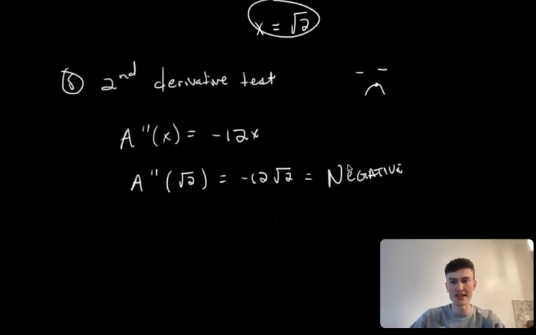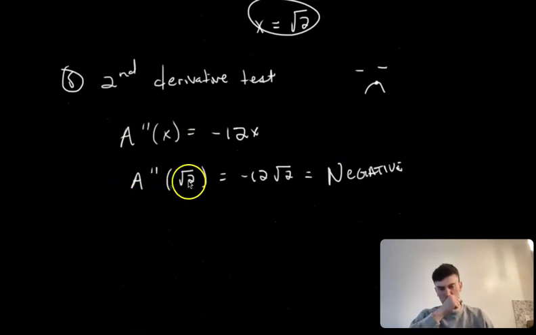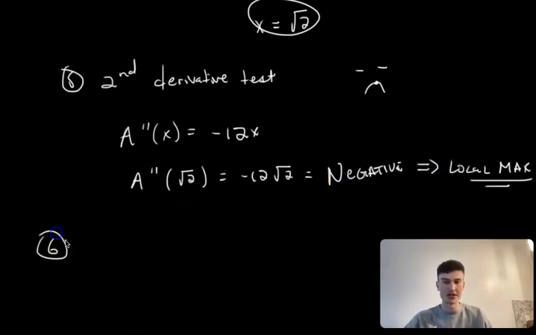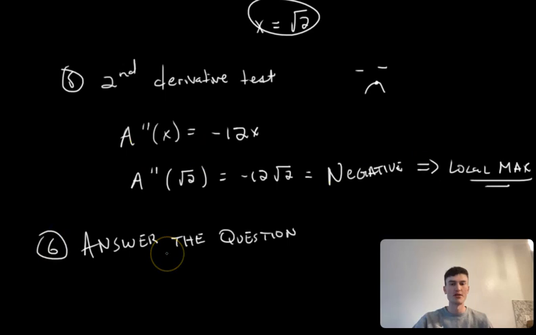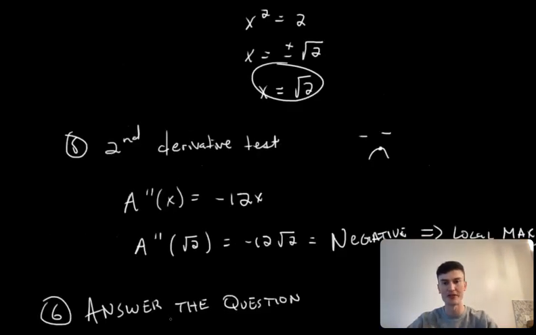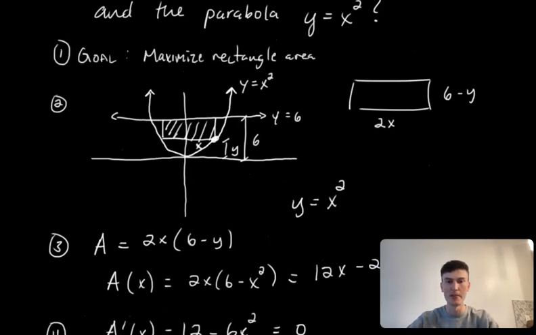After you do the second derivative test, you want to do step 6, which is just answer the question. The question wasn't what's the x coordinate of the bottom right vertex of the rectangle when plotted in an xy coordinate plane. The question was, what's the maximum area? So we have to go back to our picture and plug in our values.